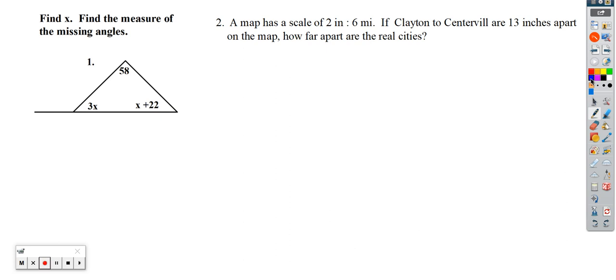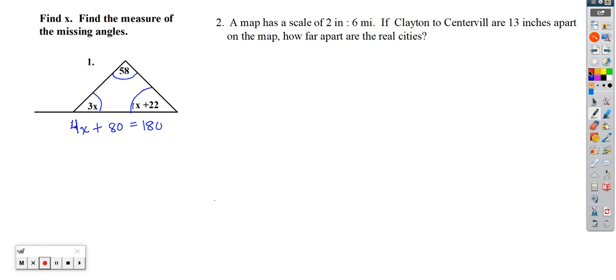Okay, on number 1 it says find x, then find the measure of the missing angles. Again, I see that I have a triangle, 58 plus x plus 22 plus 3x. Those are going to add to 180. I'm going to combine my like terms. I've got 3x plus 1x. That gives me 4 times x plus 58 plus 22, that's 80, is equal to 180.